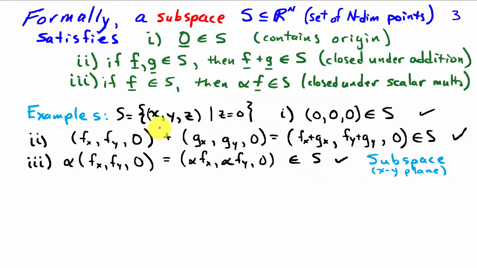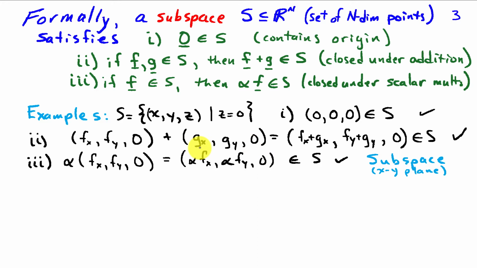Let's first consider the set of points x, y, z in 3 dimensions where z is equal to 0. So this is the xy plane in 3 dimensions. First of all, the xy plane includes the origin 0, 0, 0, so that property is satisfied. Then if I look at some point f in the xy plane, say it has coordinates fx, fy, and the z component is 0, and I have another point g with components gx, gy, and the z component being 0.